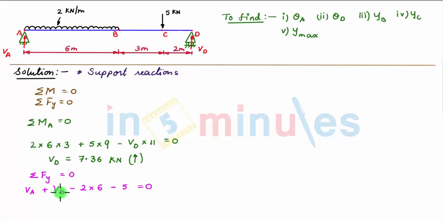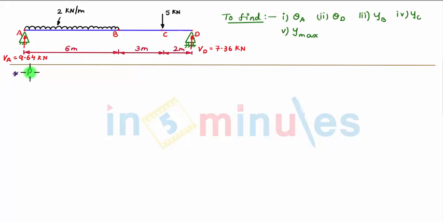Substituting the value of VD as 7.36, we have VA plus 7.36 minus 12 minus 5 is equal to 0. From this we get the value of VA as 9.64 kilonewton. Again this is positive, which means it is upward.